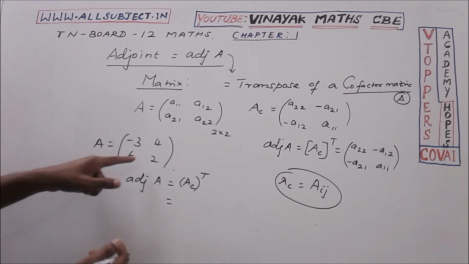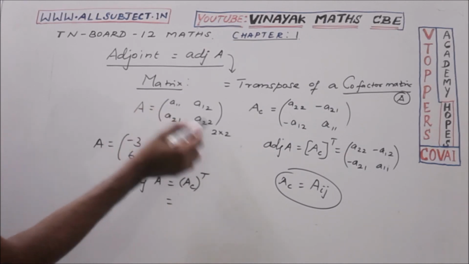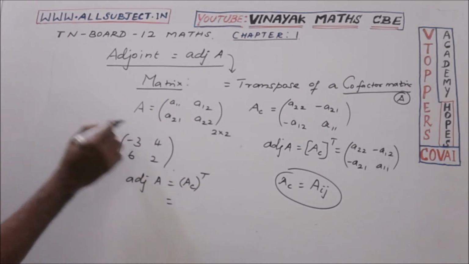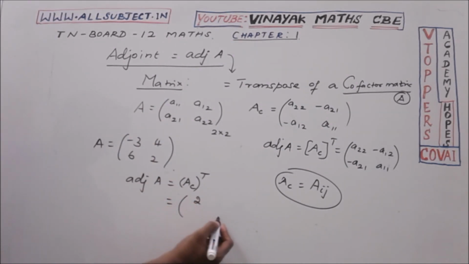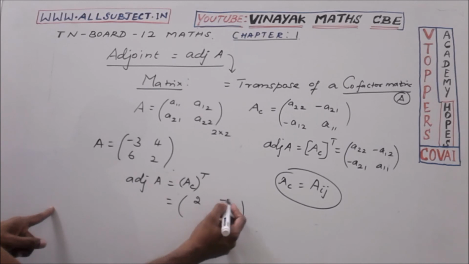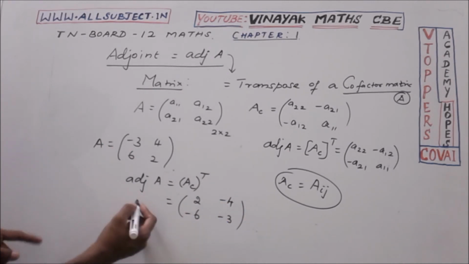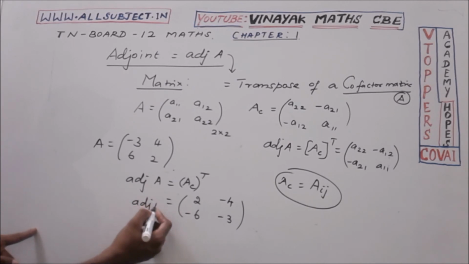We can directly write the adjoint value here by using this. Interchange the leading diagonal, interchange these two, 2 and minus 3, and then change the sign of the secondary diagonal, minus 6, so minus 4, minus 6. This is known as the adjoint of the given matrix.